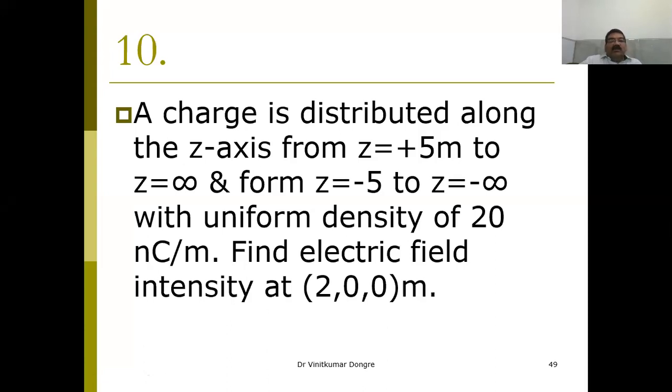What is in the problem? The line charge is not continuous charge. It is along the z-axis, but the line charge is discontinuous from z equals minus 5 to plus 5. So there is a discontinuity, and directly you cannot use the formula. So you have to solve it.